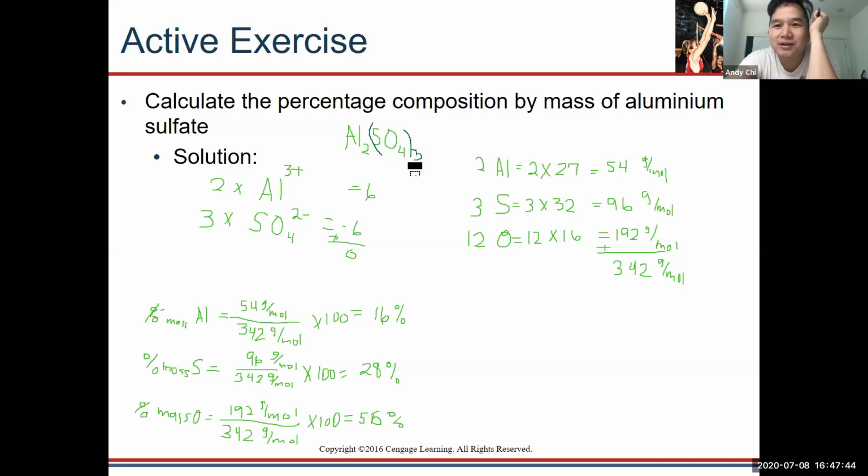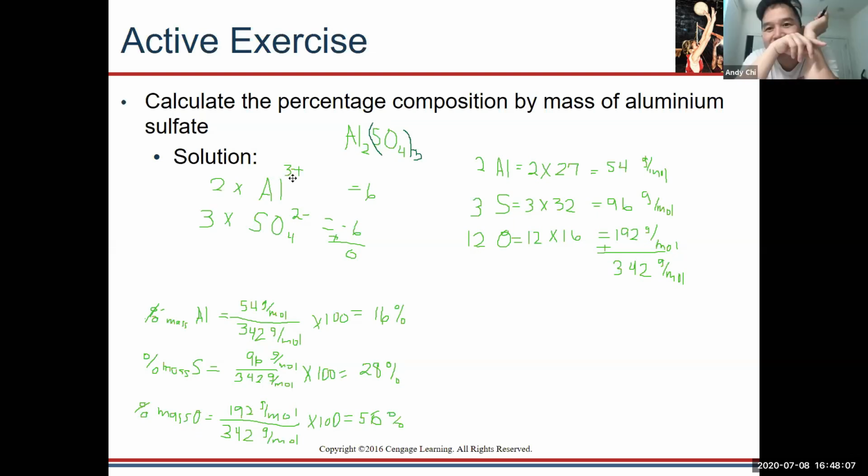The 3 comes from SO4. We need 3 SO4s to balance out our aluminum. So if we have 2 times Al is plus 3, it has a plus 3 charge, so that's going to equal 6, is it not?